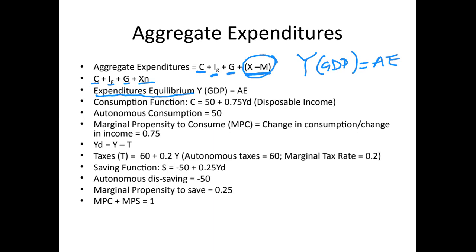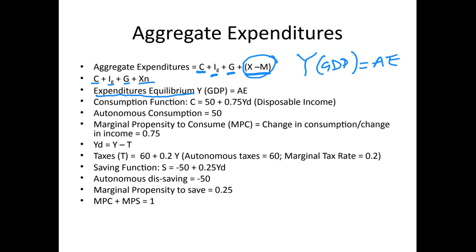Let me give you a very simple example. Suppose I produce one product and the value of that product is $100. Then I have to have $100 of expenditures as well, so that I can sell that product, because whoever buys this product will pay $100.